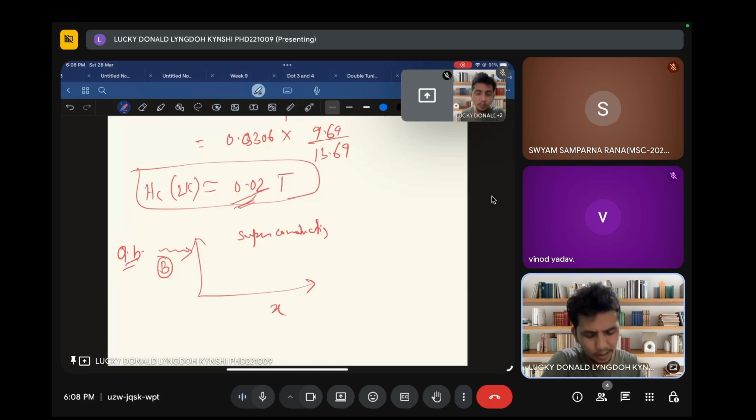The magnetic field cannot just go like this, no, this is wrong. It goes exponentially and dies down. That means as soon as it penetrates the surface, it just dies down exponentially. And this is proportional to e to the power minus x divided by lambda. Here, this lambda is called the penetration depth.